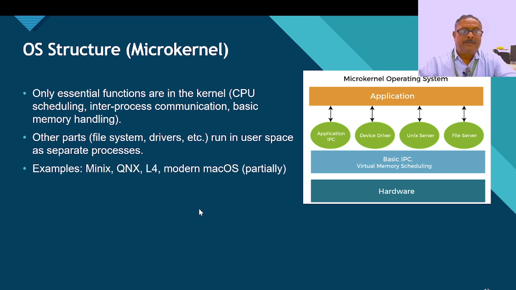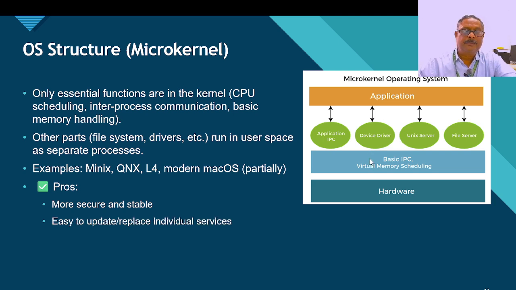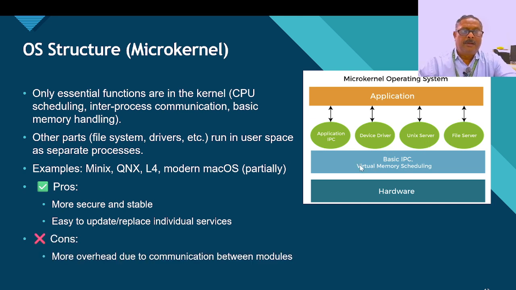The examples are Minix and other operating systems. The advantage is that it is more secure and stable, and it is easy to update and replace individual services. We can update any of the services individually without disturbing others. The problem is the overhead due to communication between modules.